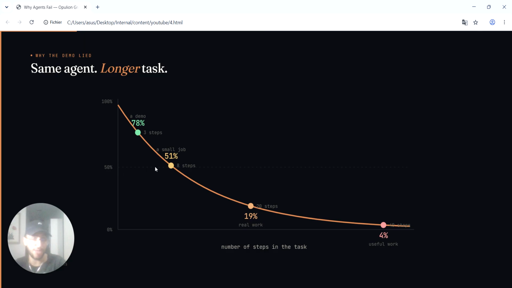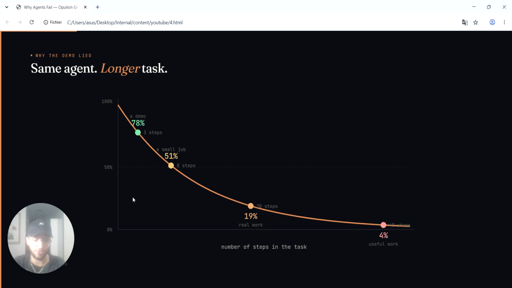What happened here is not the model. The model stayed the same, and not even the prompt, because the prompt didn't change here. The only variable that changed is how long the task was and how many steps it took. That's it. So when somebody tells you the demo was mind-blowing but production is garbage, here's what actually happened.